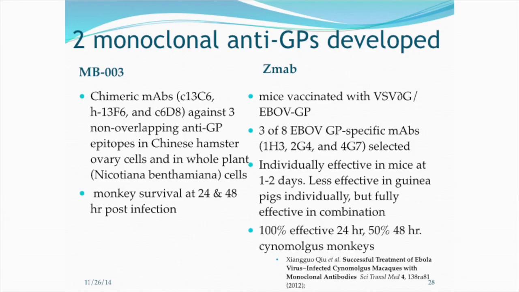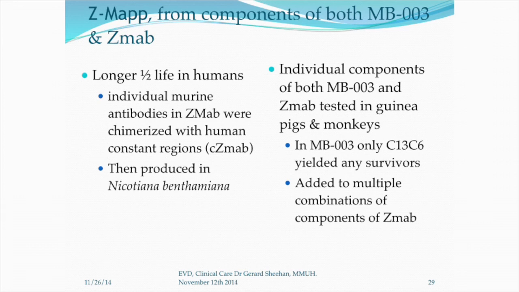Okay, and there's been 2 lines of research, one called MB-003, the other ZMapp. I'll rush through these in the interest of time. We've got antibodies from these that have been worked out on monkeys and guinea pigs, components worked out, which is good, which is not so good, and then a combination of the 2 called ZMapp with a proper half-life for humans, and then a production system in tobacco plants.